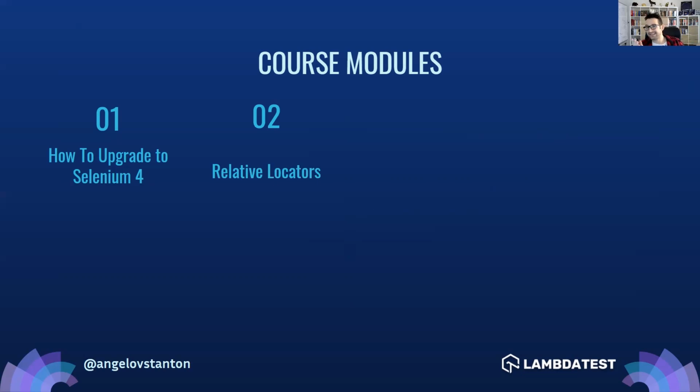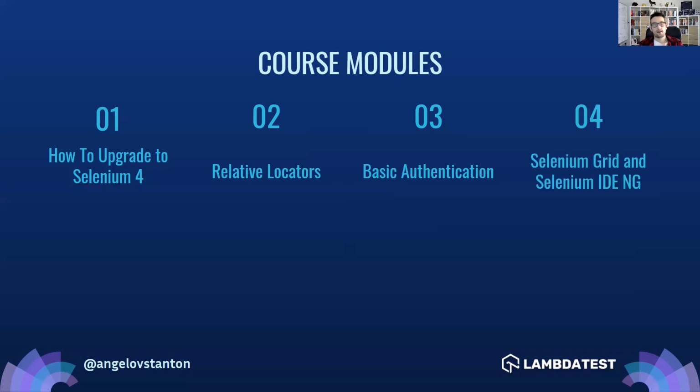So yeah, in the next video, we're going to talk about relative locators, the new strategy of locating elements. Then we're going to discuss this new feature about easier way of handling basic authentication in Selenium 4.